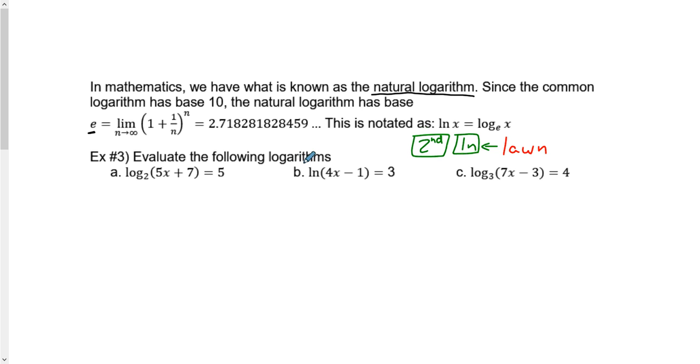So if we want to evaluate these logarithms, log base 2 of 5x plus 7 equals 5, we're going to use our whiplash. 2 to the power of 5 equals 5x plus 7.